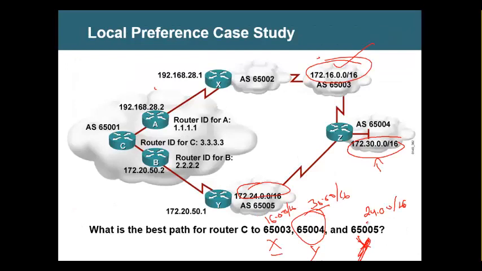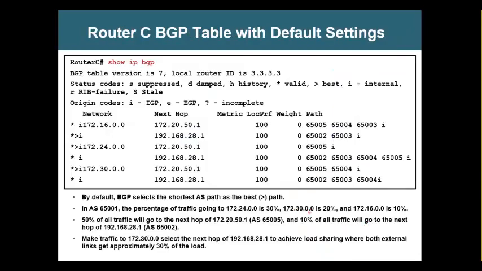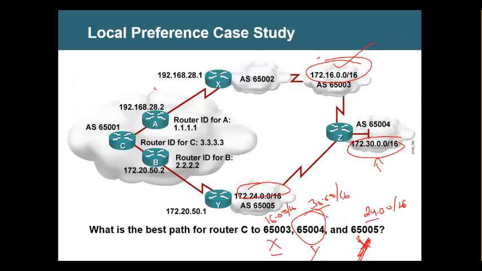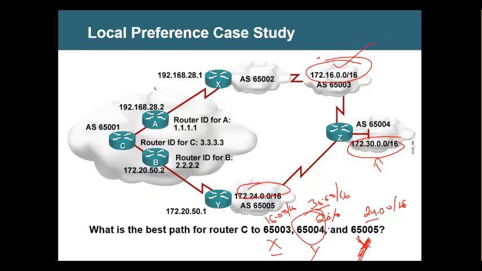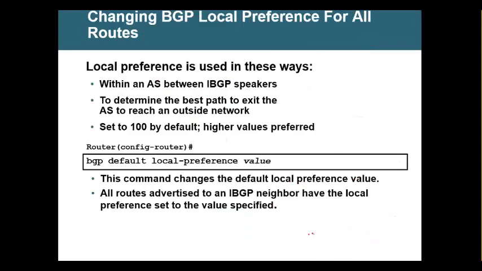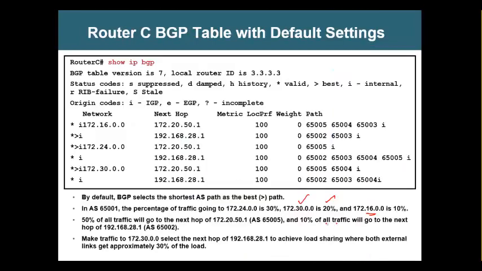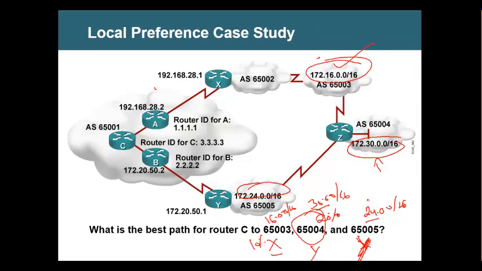30, 24. 30 is 20% of traffic. 16 is 10% of traffic. 24 is 30% of traffic.